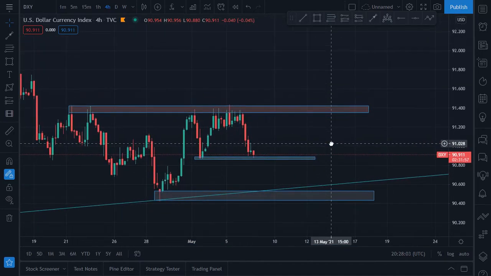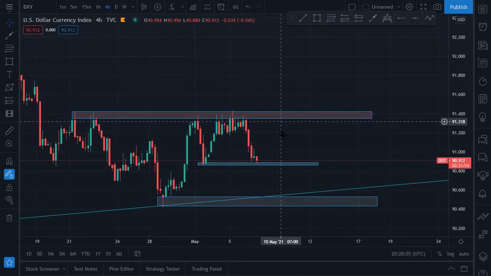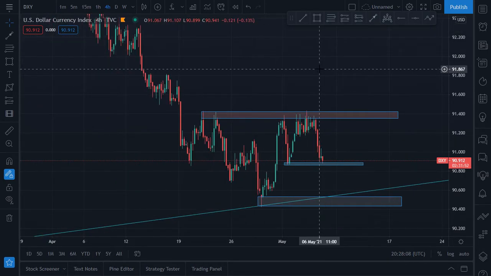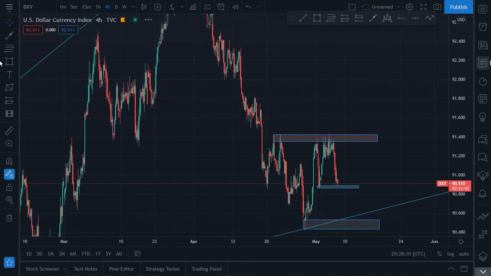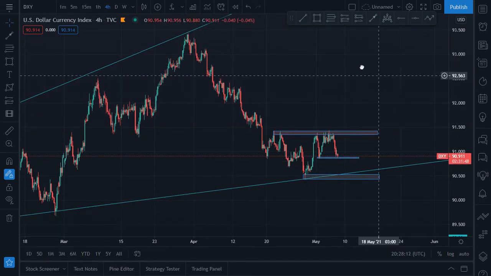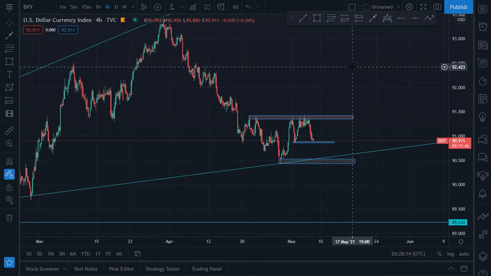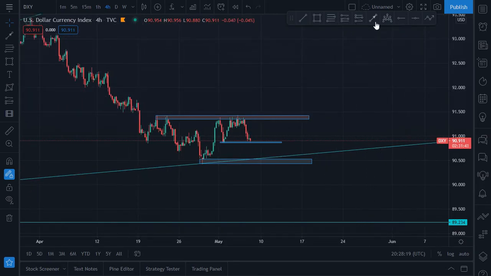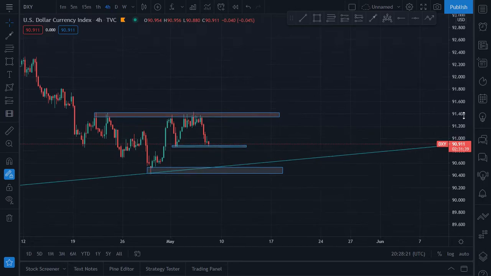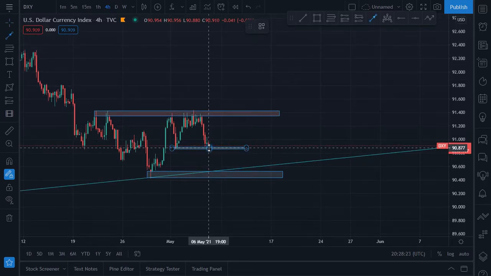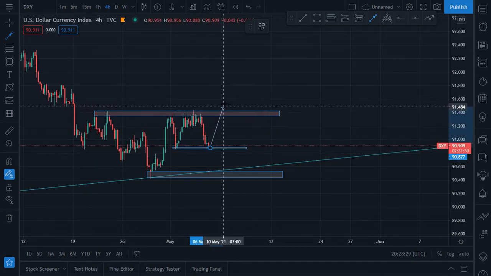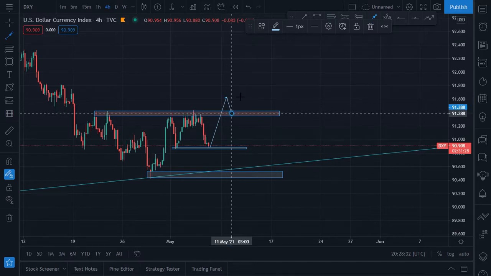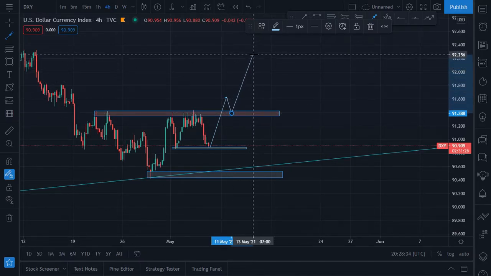By the way, we're looking for buys. What might happen here is that the market might reject on this support over here and just shoot upwards, retest, and continue with this normal uptrend, as in impulse, correction, and all that.